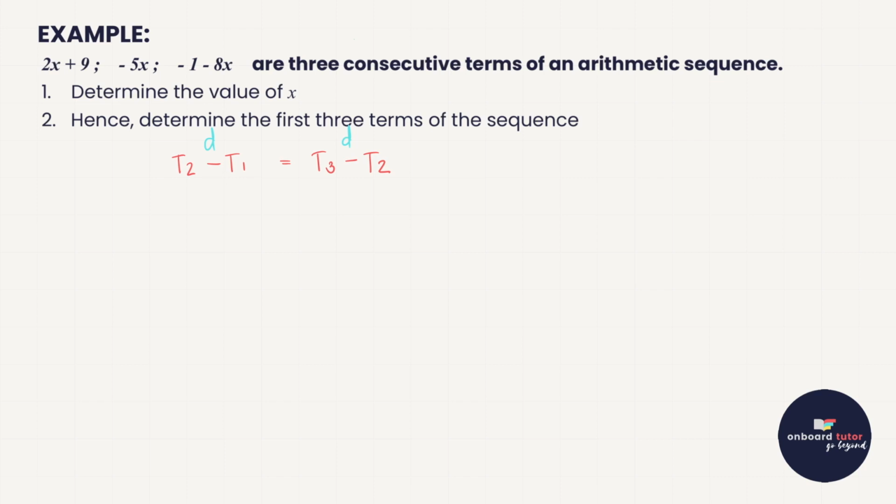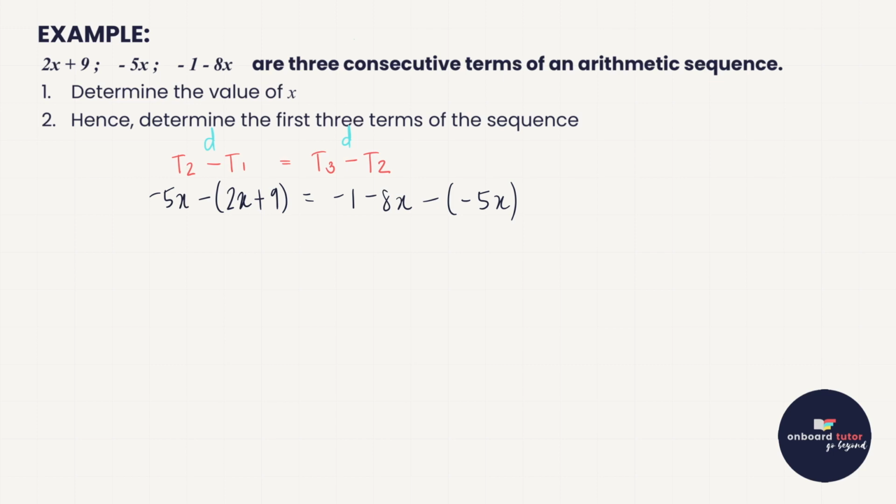So what I can do is take term 2, minus 5x, and subtract the whole of term 1, 2x plus 9, and set that equal to term 3, which is minus 1 minus 8x, and subtract the minus 5x. Essentially what I'm doing is saying the constant difference here will equal the constant difference here.